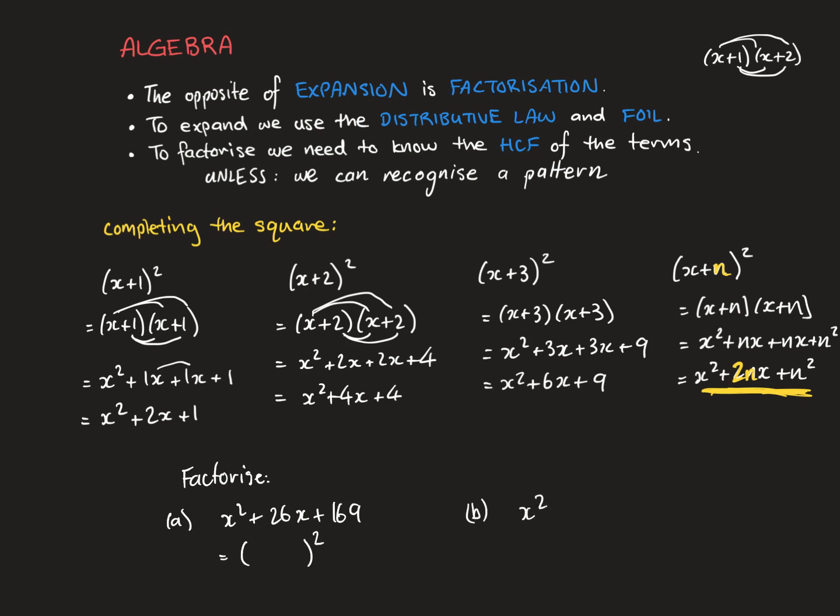We've got x squared plus, let's go with 10x plus 25. Do you think you could figure out what should go inside here? I'll give you a minute, pause the video if you think you can work it out. The answer is in fact x plus 13 all squared, and x plus 5 all squared.